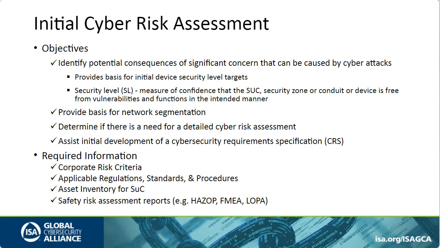You're tending to be more focused on the highest level consequences, the high severity consequences, because that is what would provide a basis for initial device security level targets for manufacturers. You should consider that a security level is defined as a measure of confidence that the system under consideration, a security zone or conduit, or a device is free from vulnerabilities and functions in the intended manner.